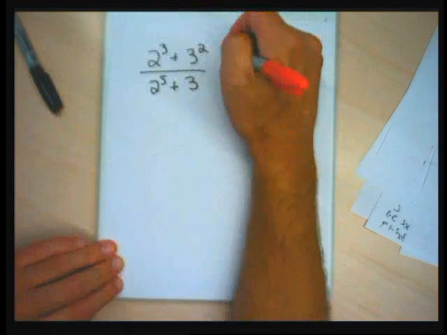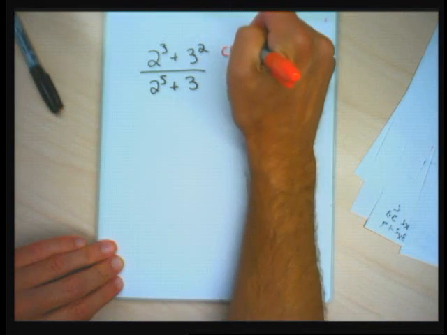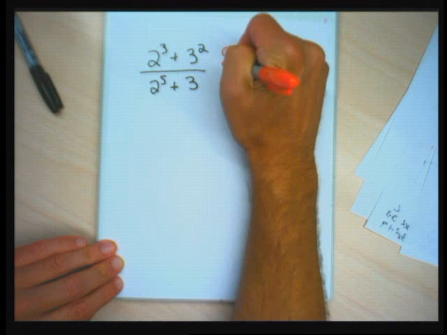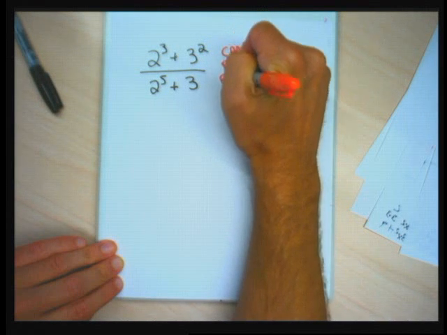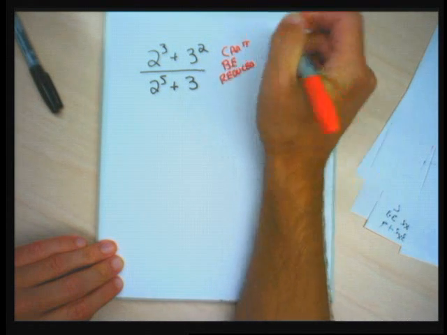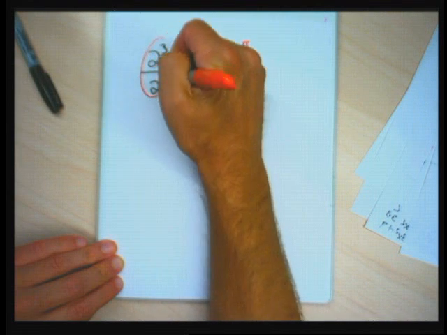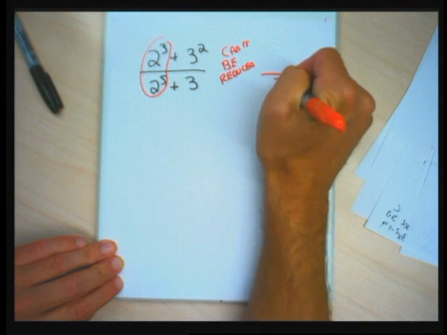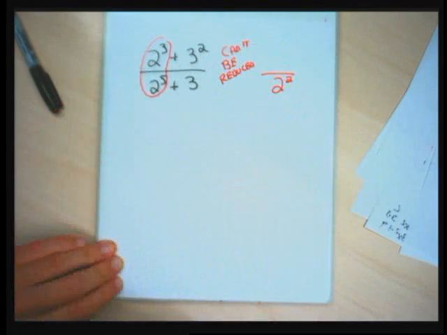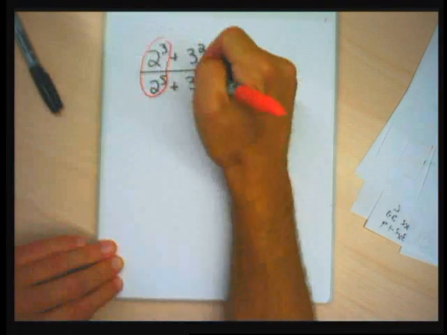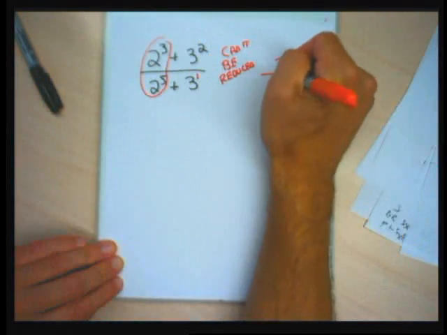This just can't be reduced. The plus makes the rules not work. It would be super common for students to go, well, I can reduce that to be 2 squared in the denominator because I can subtract those exponents, and 3 to the first power in the numerator.